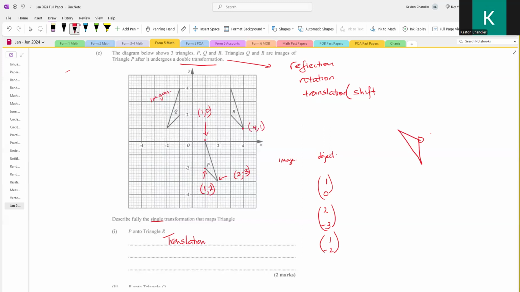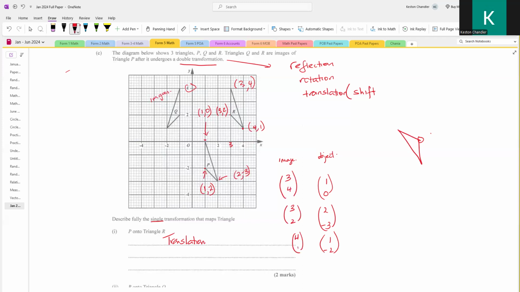This point here is 3, because here will be 3, and this is 4 here. This point is going to be 3, 2, and we already recorded this to be 4, 1. So starting from the top of the triangle, just like how we start from the top here, this is 3, 4. This one here is 3, 2. And this one underneath here now is 4, 1.